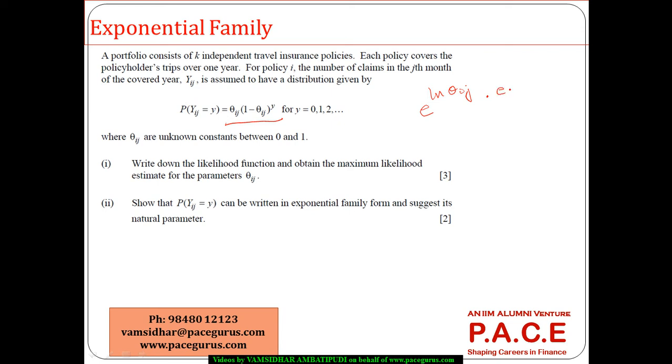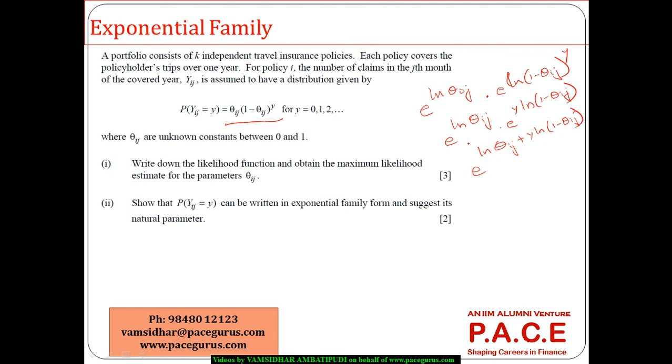And this I'll write as e to the power of log 1 minus theta ij, to the power y. So this is e to the power of log theta ij, times e to the power of y log 1 minus theta ij. Which becomes e to the power of log theta ij plus y log 1 minus theta ij.